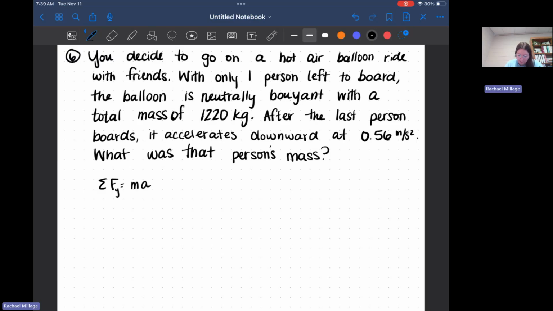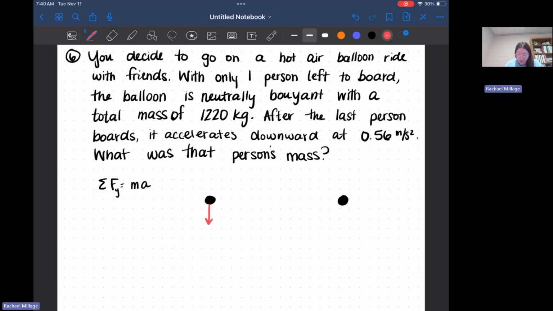If I'm thinking about my hot air balloon, I'm going to draw before they board and after they board. So before they board, I've got a mass of 1,220 kilograms, which translates into a weight of mass times gravity, which is 1,220 times 9.81.